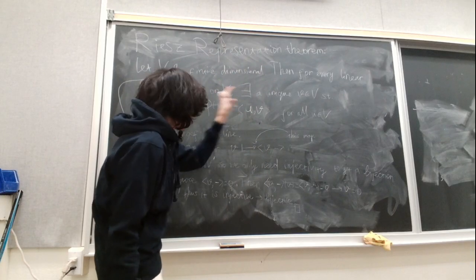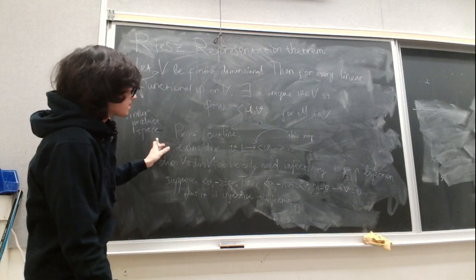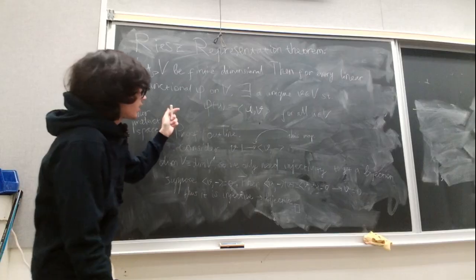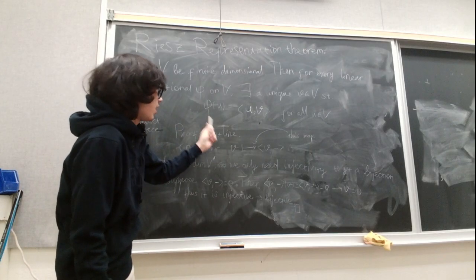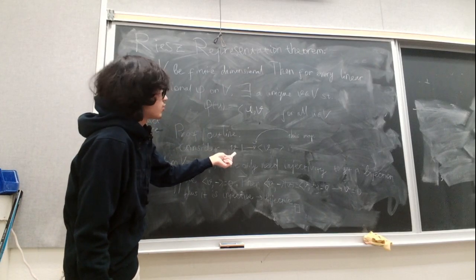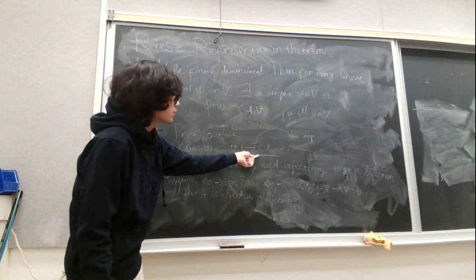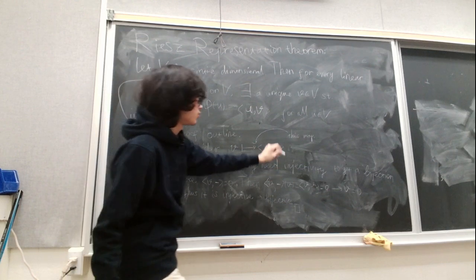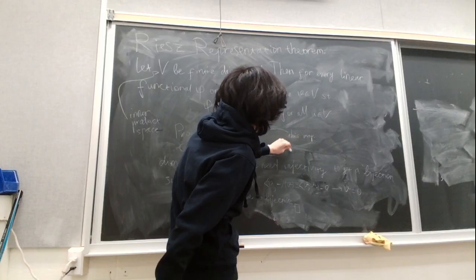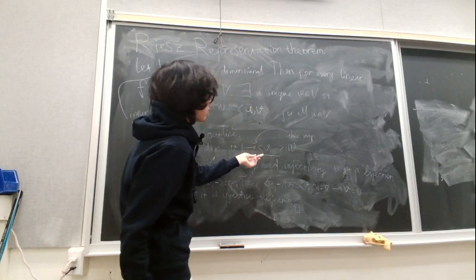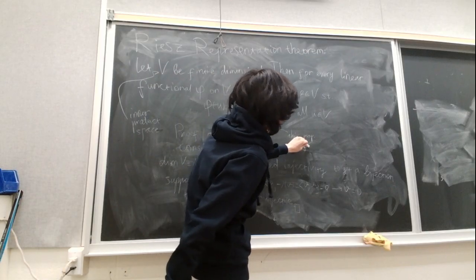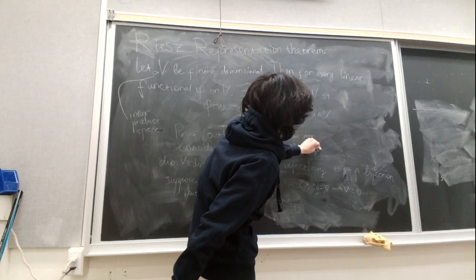For now, let's just consider the linear map that takes any vector v in the vector space to this function where you put in some vector u from the vector space and you get the inner product of v and u.